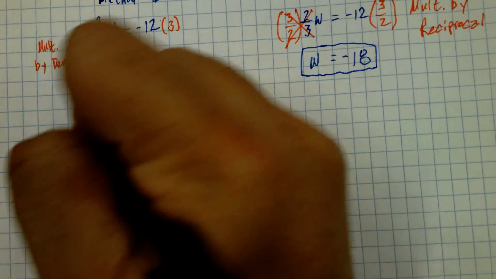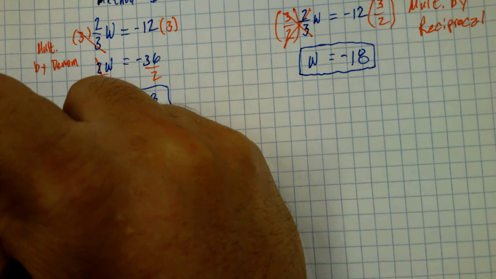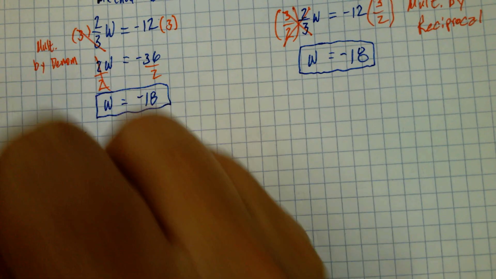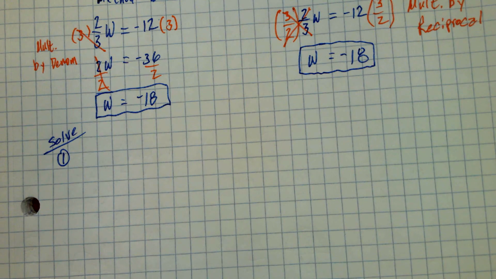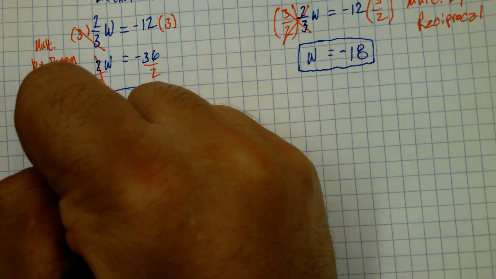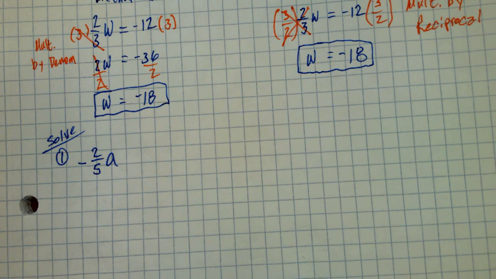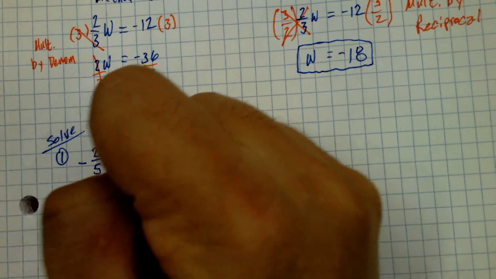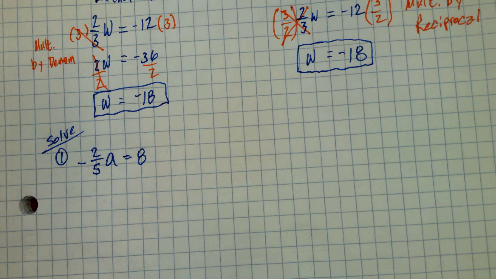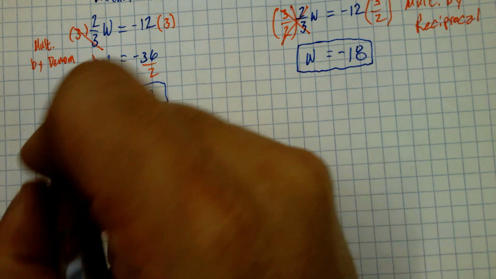Okay. So number 1, we'll be solving negative 2/5 a equals 8. Okay, we're going to try both methods on this one. So if we're doing both methods, method 1 would require us to do what? Multiply by 5. Let's do it.